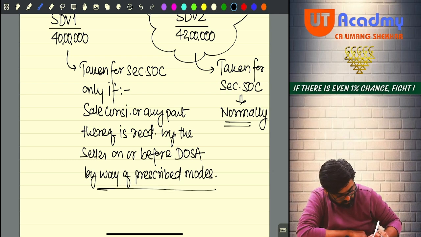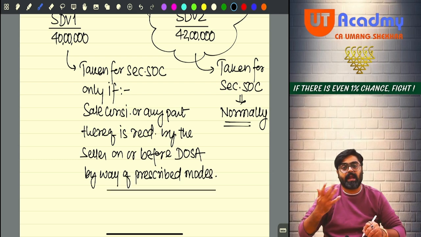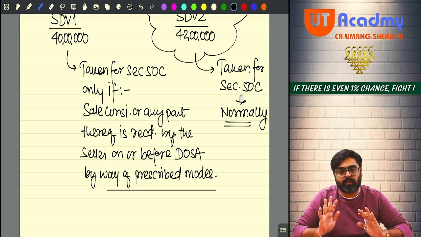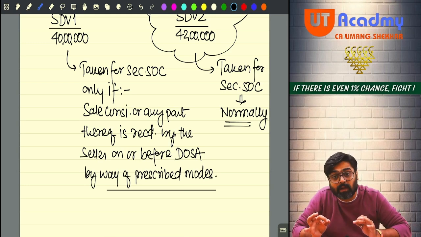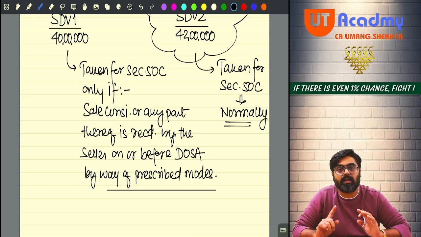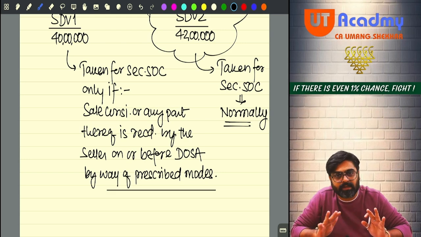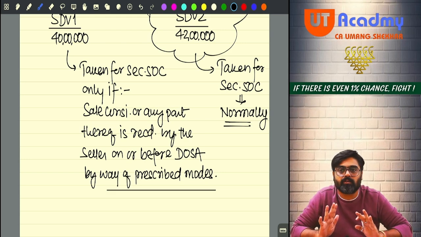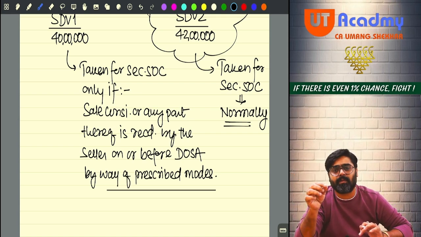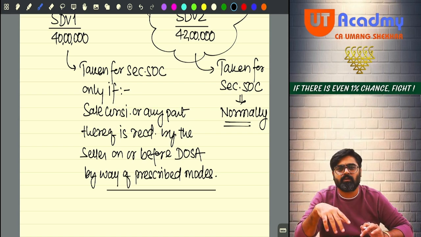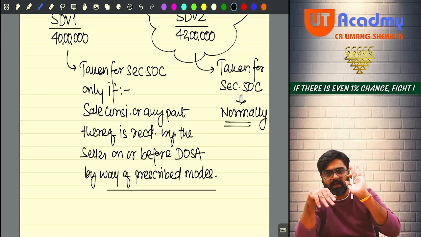So, as on the date of sale agreement or prior to that, if the seller has received the entire consideration or even a part of the consideration. See, the sale consideration was 30 lakhs. It is not necessary that the entire 30 lakhs be received. Even a part of that 30 lakhs, for example 30,000, is paid. So 30,000 is nothing but a part of 30 lakhs only.